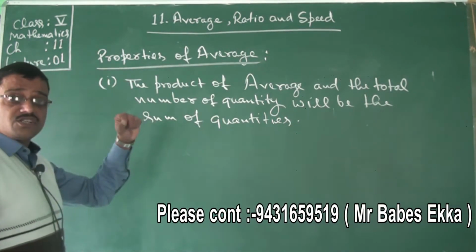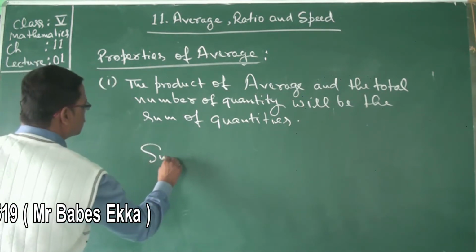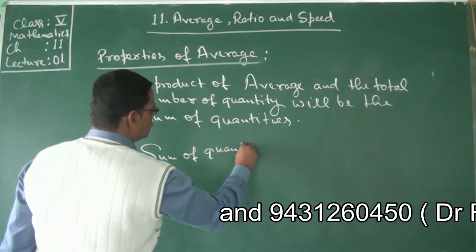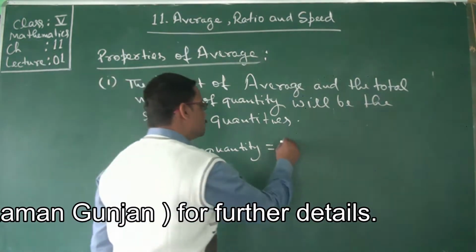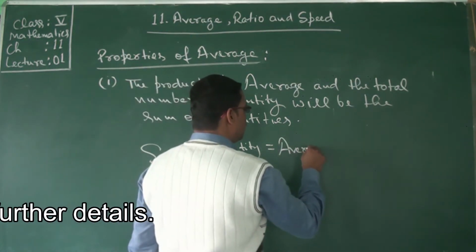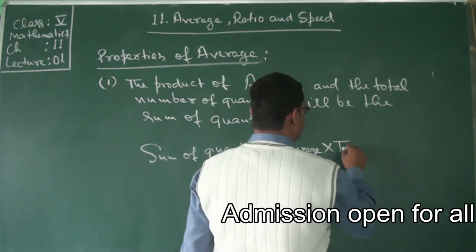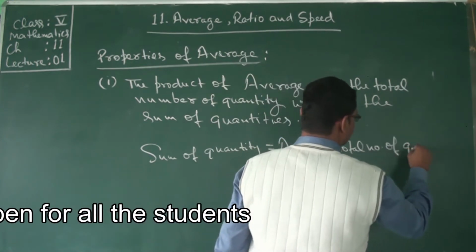In other words, I can write it as sum of quantity equals average into total number of quantities.